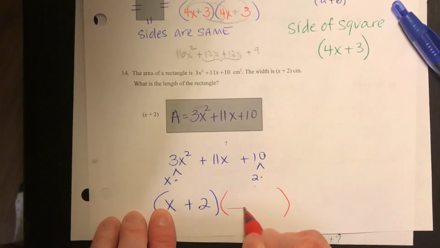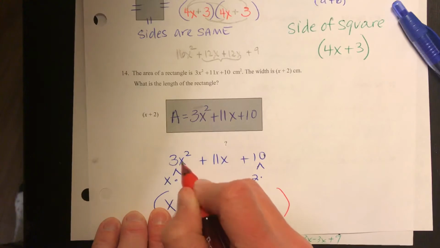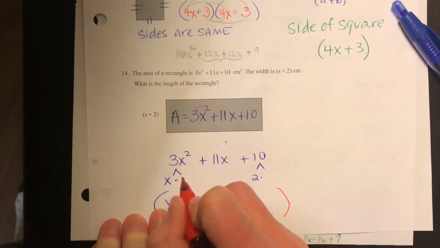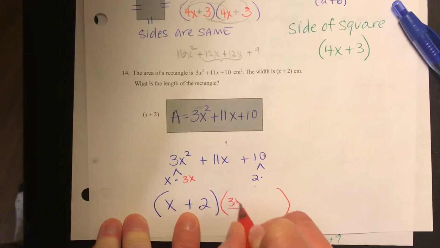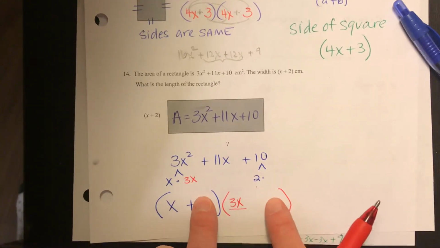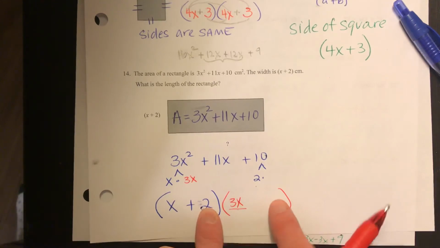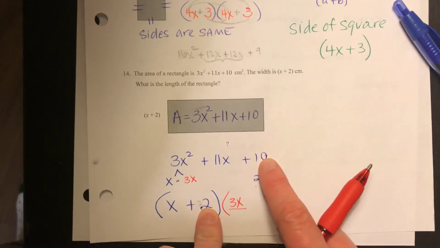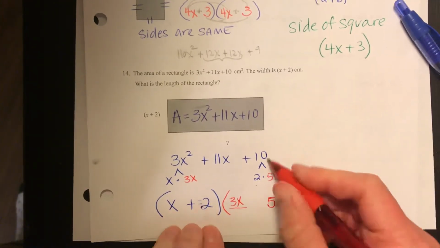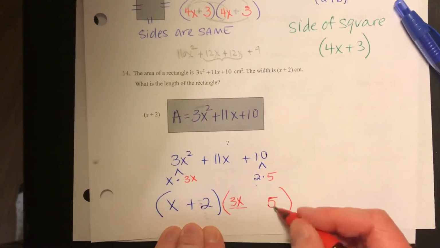X times something, these two have to multiply to make 3x squared, which means that this factor has to be a 3x. And then these two numbers, the 2 times some number, have to multiply to make 10, which would mean this number would have to be a 5 because 10 divided by 2 is really 5.